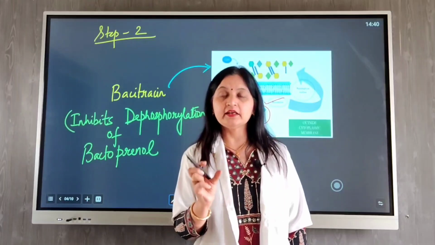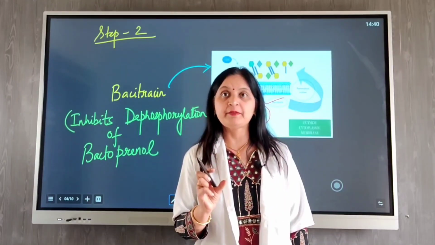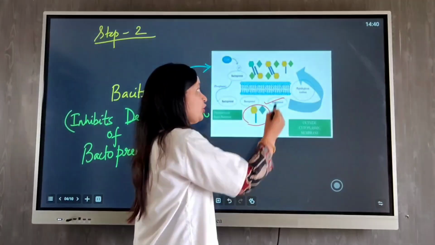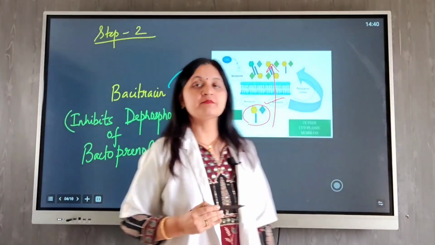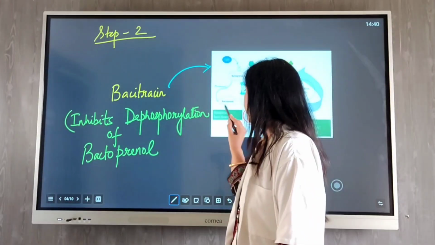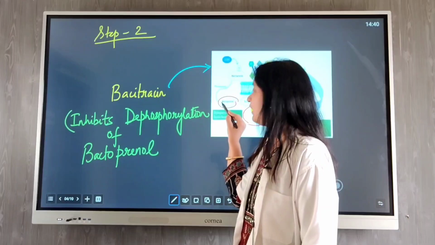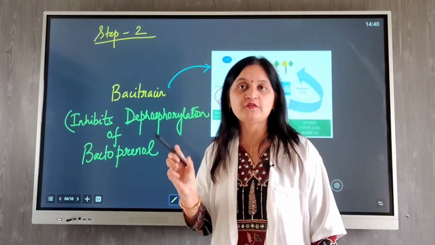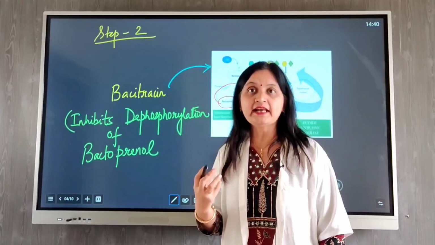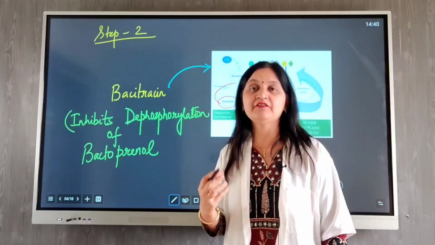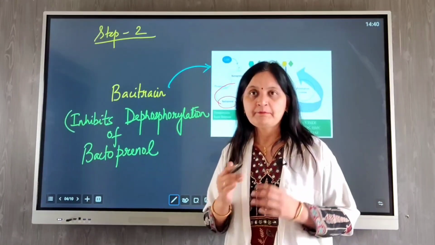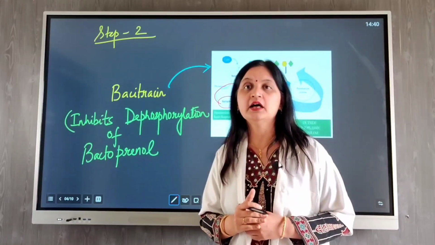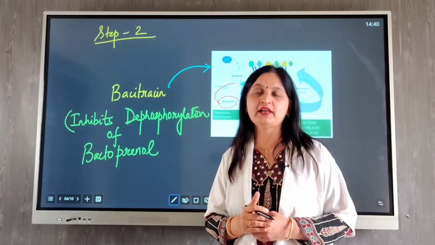It helps to transport the peptidoglycan monomers into the periplasmic space. Bactoprenol undergoes phosphorylation into its active pyrophosphate form, and once active, it helps transport the peptidoglycan monomers to the site where polymerization of peptidoglycan occurs.